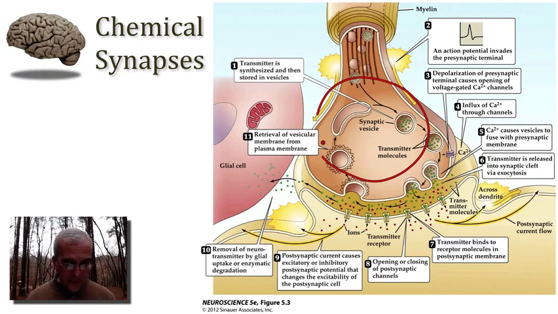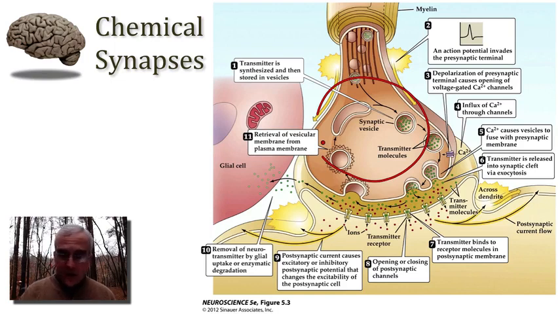So we find a variety of important proteins and structures that are present within this synaptic terminal. And I'll show you that in more detail in a few minutes, and we'll just highlight a few of the important members of that cellular machinery as we go along.